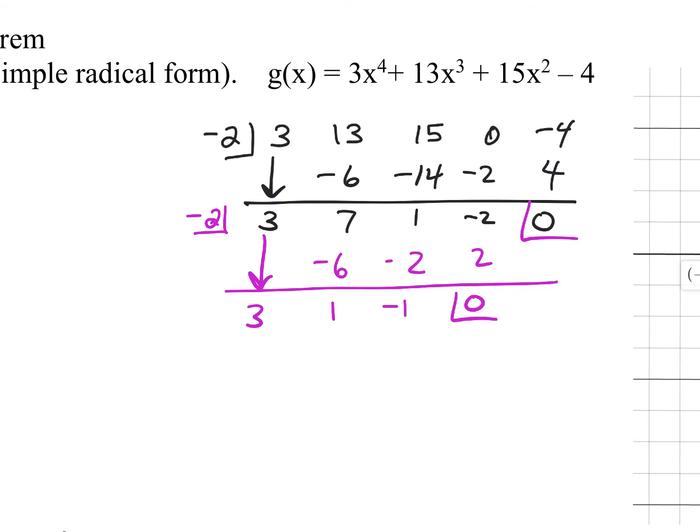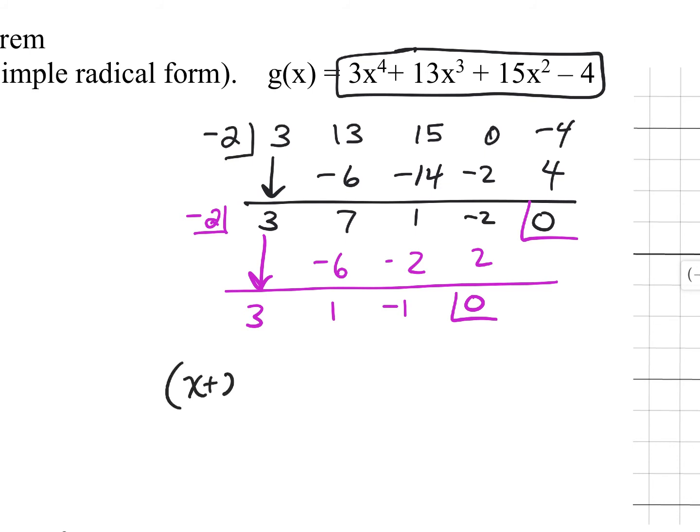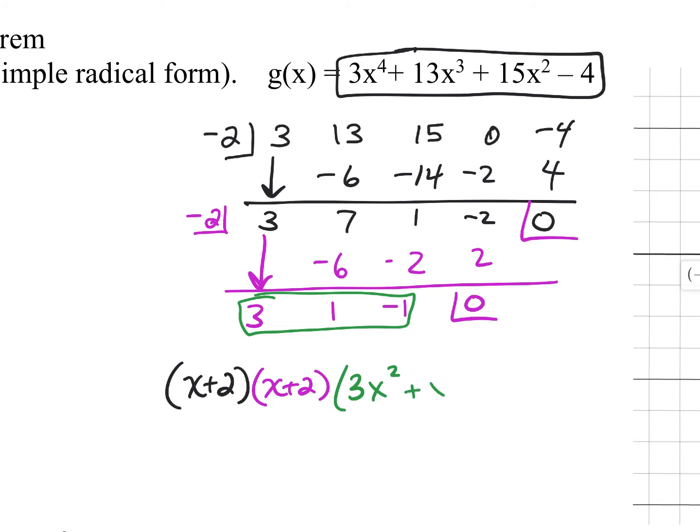What all this means is that I can rewrite this mess of a polynomial that we had nothing to do with as x plus 2 times x plus 2. There's our double root that we saw in our graph, right? Trying to color coordinate them, times the resulting polynomial of all that synthetic division: 3x squared plus x minus 1.